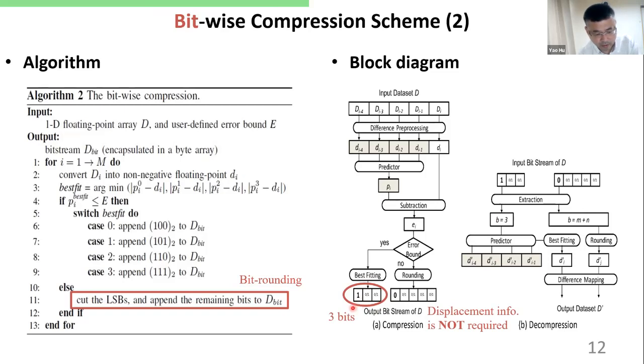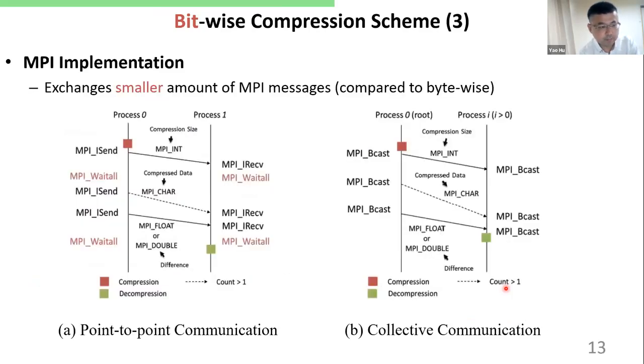Here the leading bit 1 means this is linear prediction data, and the leading bit 0 means this is a bit routing result. So we do not use any displacement information like in the bitewise compression. So the overhead can be reduced.